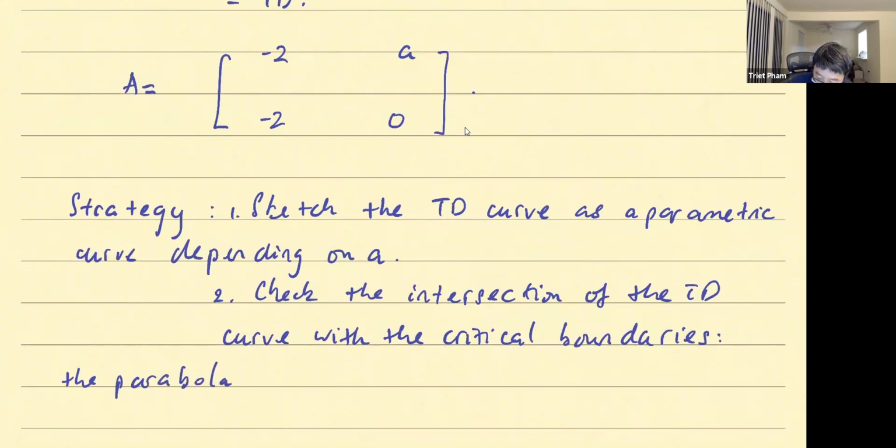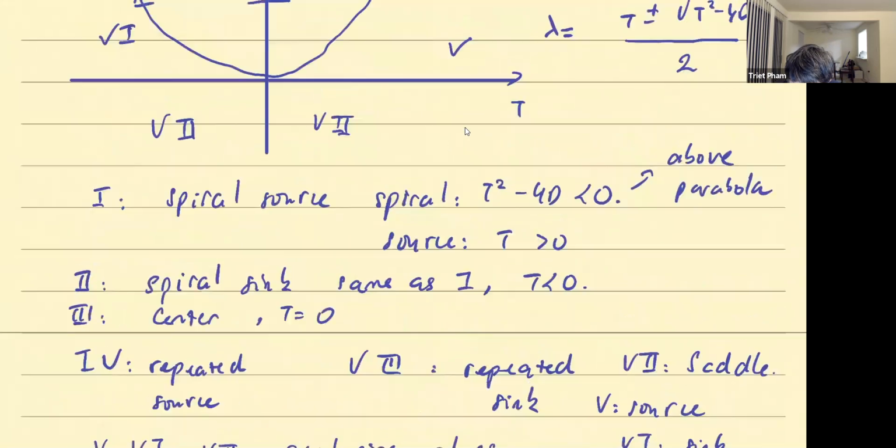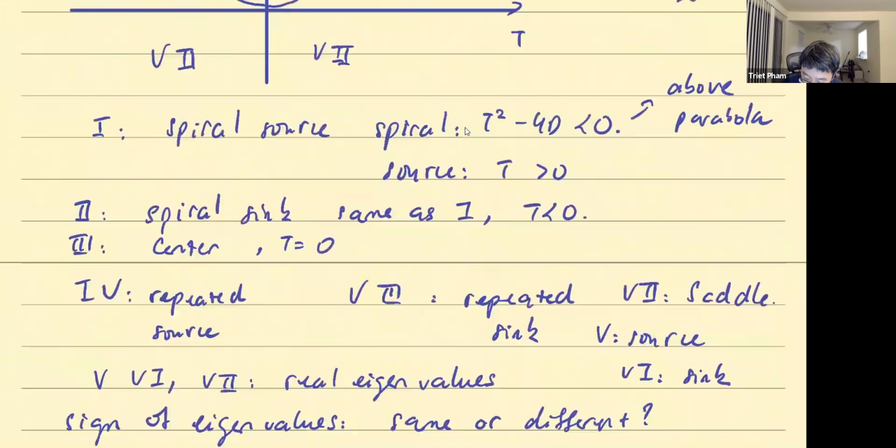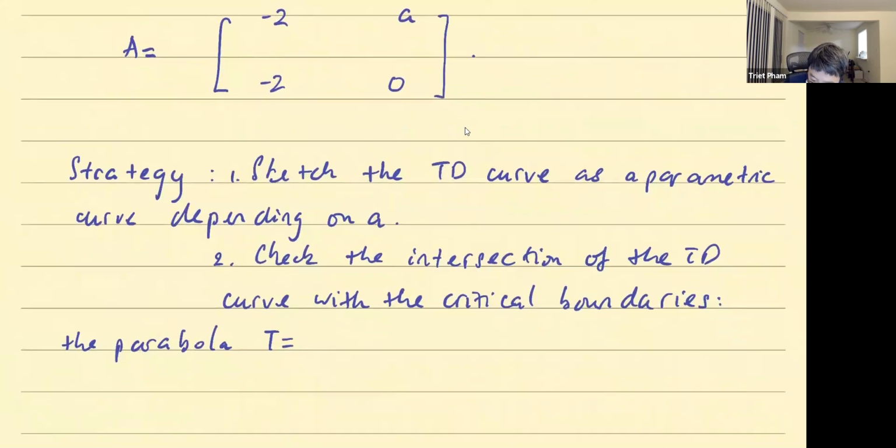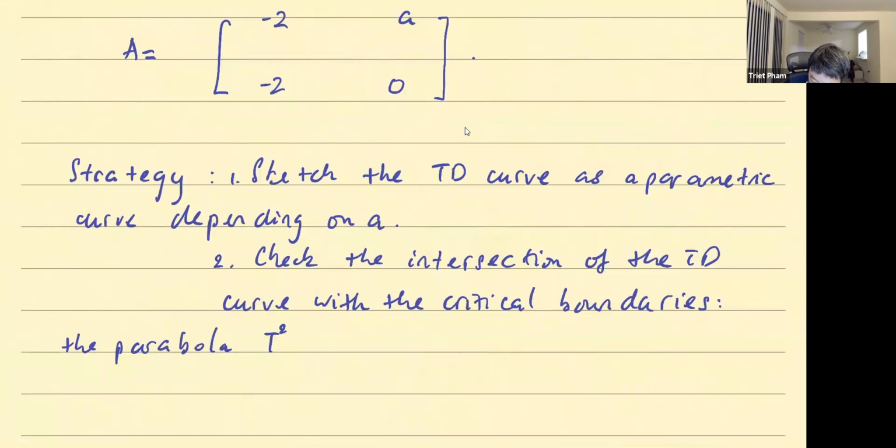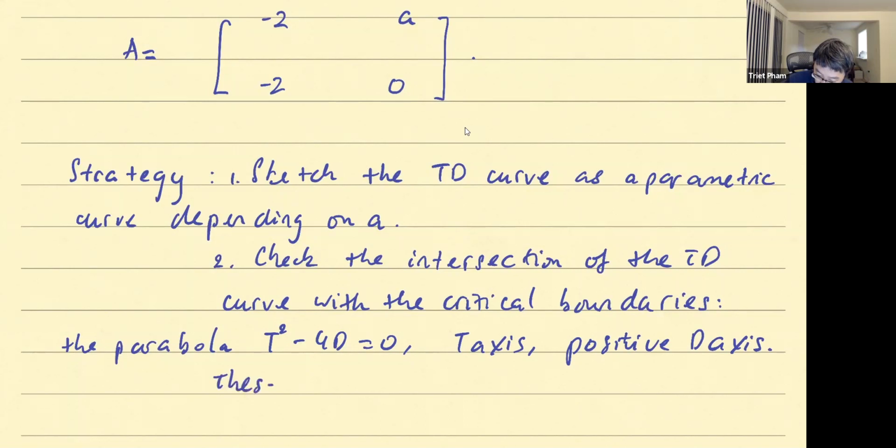What is it? t squared minus 4d equal to 0, or 4d equals t squared, that parabola, the t-axis and the positive d-axis. These are bifurcation values.